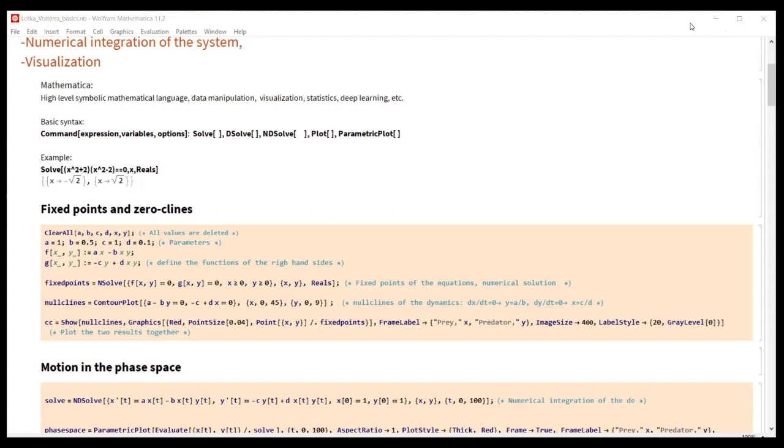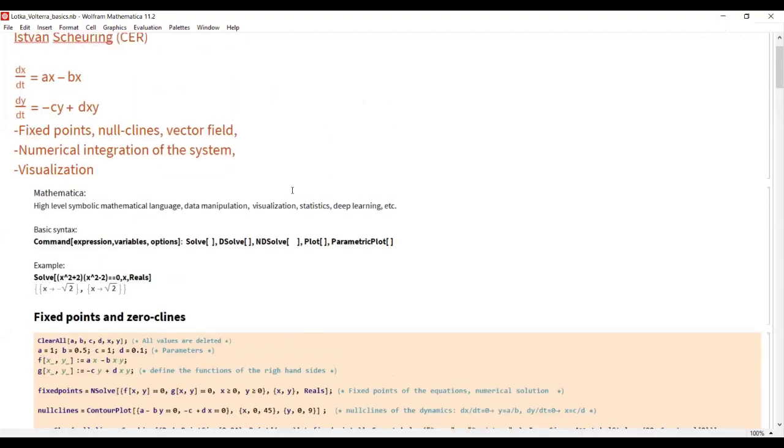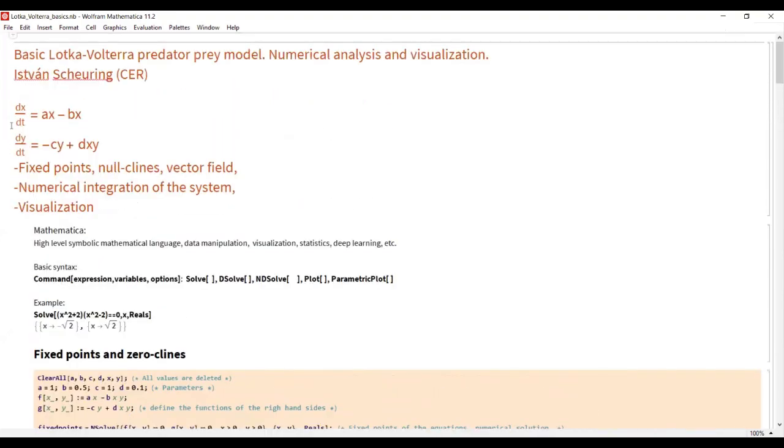Okay, let's go to our Lotka-Volterra problem. First of all, we start with the numerical analysis of the classical Lotka-Volterra equations. We look for the fixed points and the so-called nullclines, in other words the zero-clines, which are the curves in the xy space corresponding to those points where the derivative of x or the derivative of y exactly equals 0.